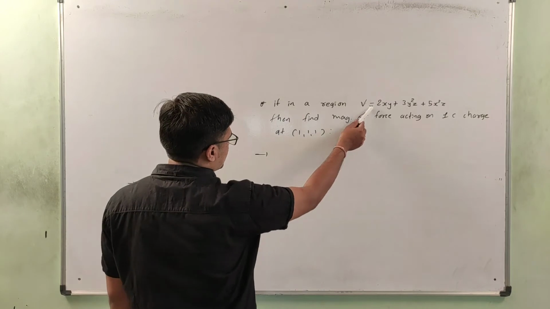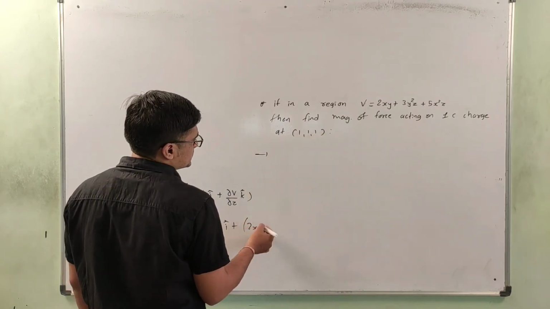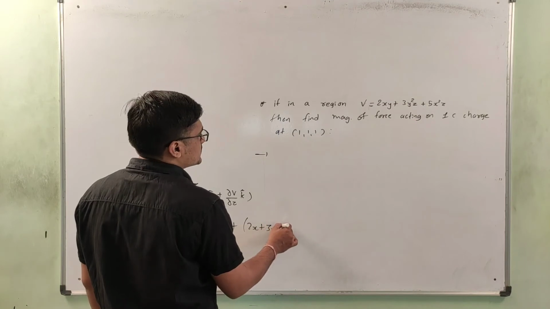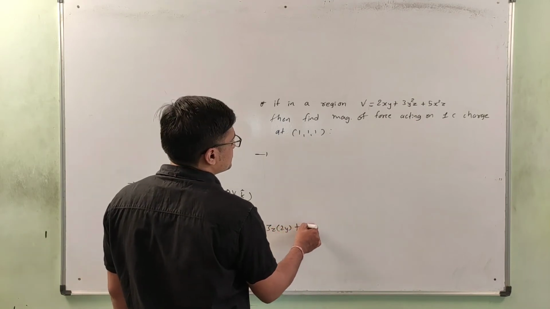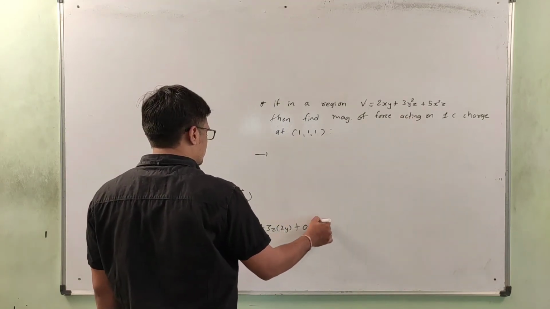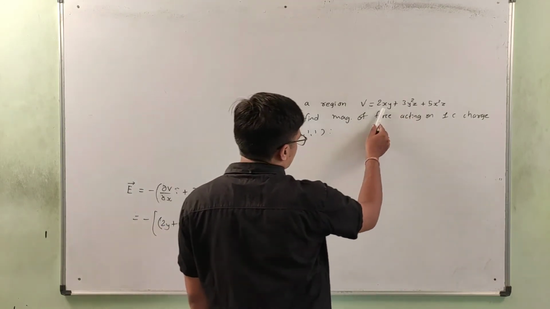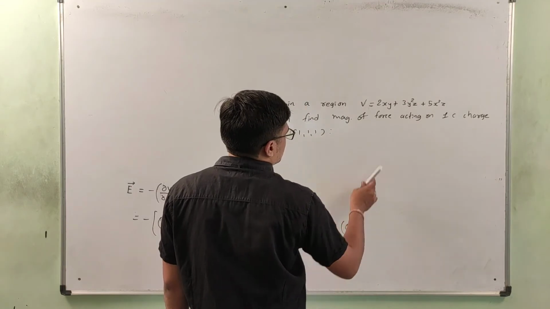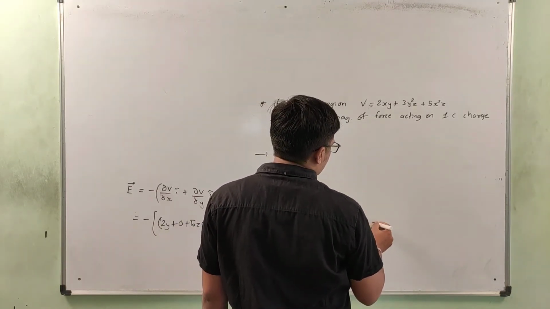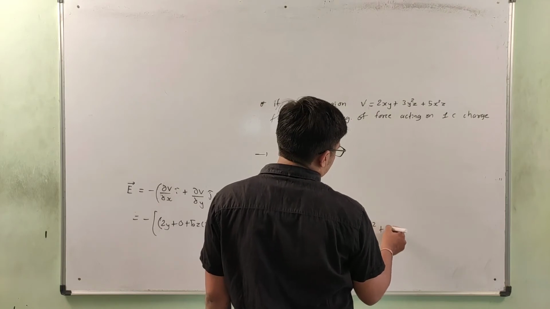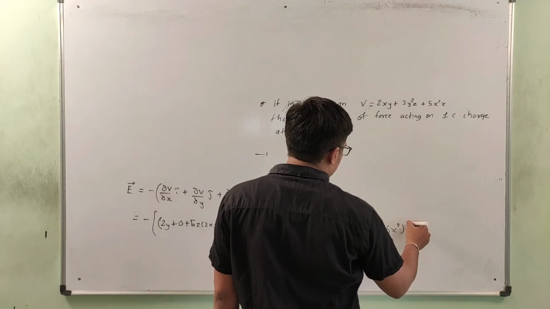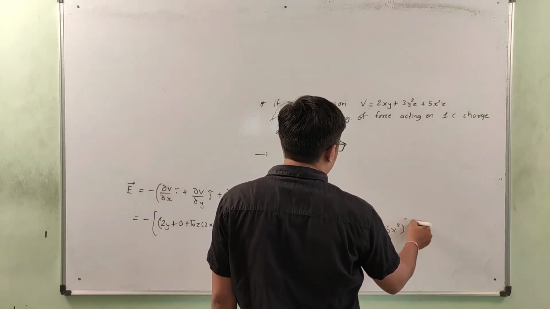Now differentiate with respect to y, so 2x is constant, differentiation of y is 1. 3z is constant, differentiation of y square is 2y, plus 5x square z has no y, so differentiation with respect to y is 0, j cap. Now differentiate with respect to z. 2xy has no z, so differentiation is 0. In 3y square z, z is present, so 3y square is constant and differentiation of z is 1, and in 5x square z, z is present, so 5x square is constant and differentiation of z is 1, k cap.